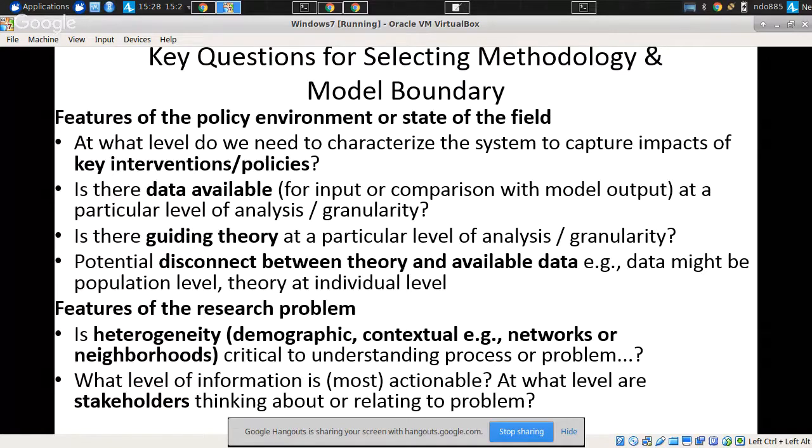We might be asking, okay, is data available on something? If there is, we might want to have model output that we can compare with that data. So we need a variable to capture something for the model that's comparable to this data, for example. If there's absolutely no data available at a micro level, a level of individuals, we might question, do we want a model that's really articulated at an individual level?